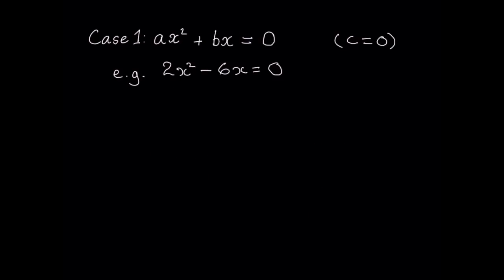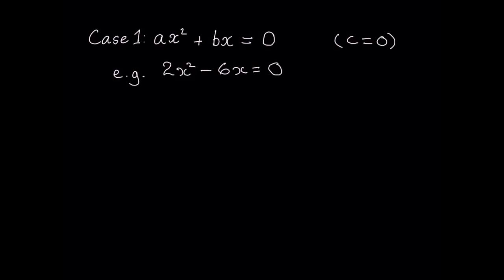So in the first case, we want to consider a quadratic of the form ax squared plus bx is equal to 0. In other words, the constant term c is equal to 0. As our example, we'll choose 2x squared minus 6x equals 0. If we look at the two terms of this equation, we can see that we've got a common factor of 2x.